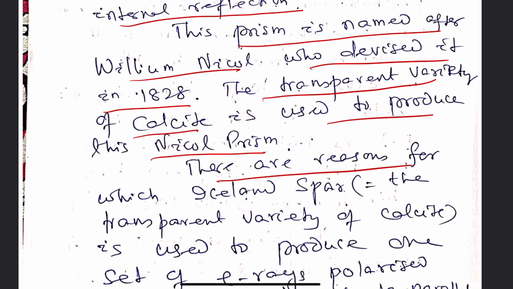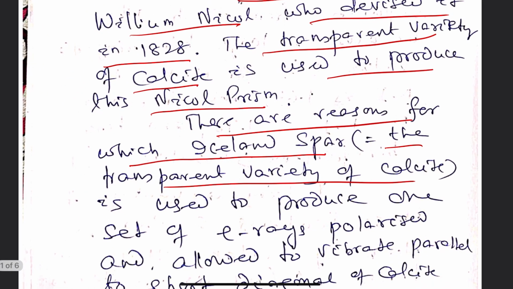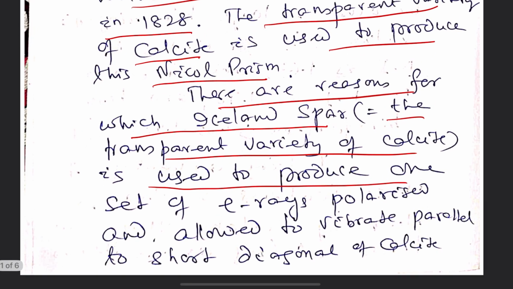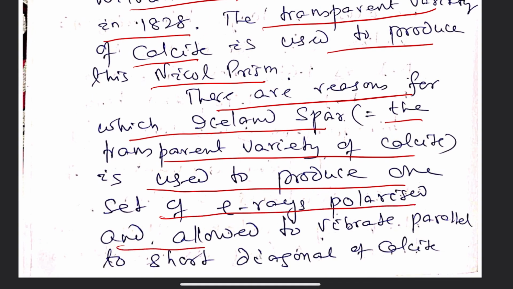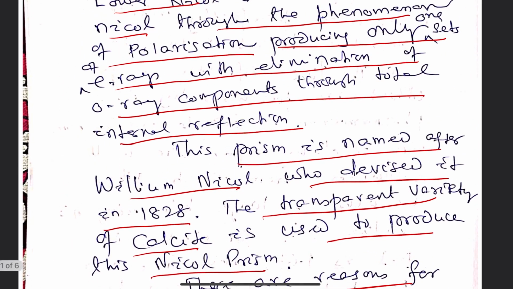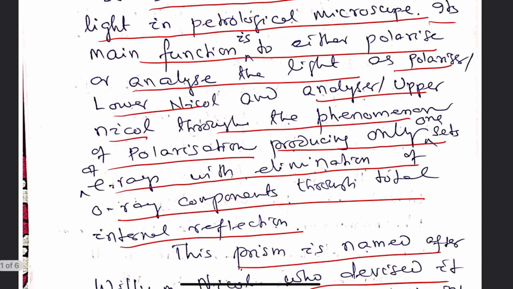There are reasons for which Iceland spar is used to produce one set of E rays, polarized and allowed to vibrate parallel to the short diagonal of calcite. So why this Iceland spar is used to produce the polarized light, and why not any other mineral, that we will discuss.